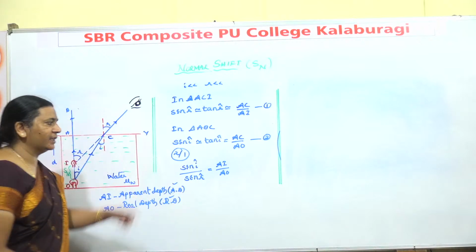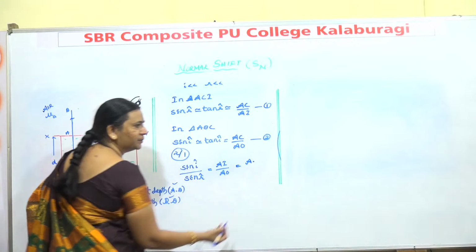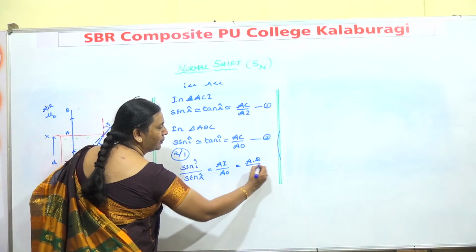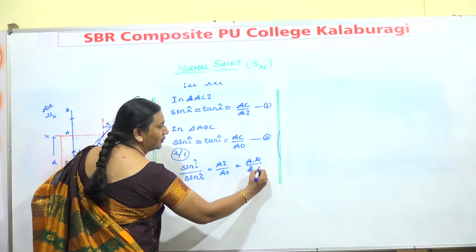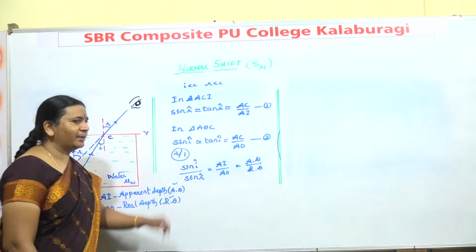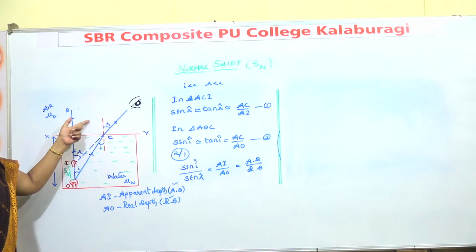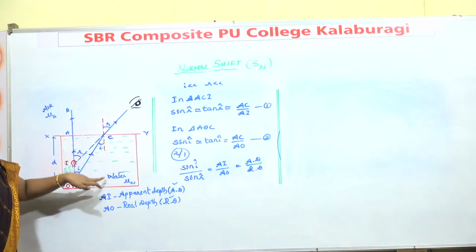So what can I say then? Sin I by sin R we got as apparent depth divided by real depth. But what is sin I by sin R? The refractive index of the second medium with respect to the first medium.